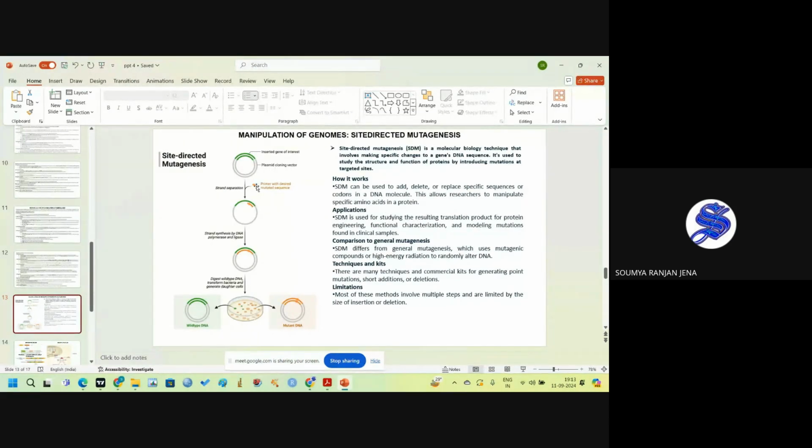Then we put the primer against the desired mutated sequence. We have to choose the mutated primer for this particular gene. Then this mutated primer strand is synthesized by DNA polymerase and ligase.